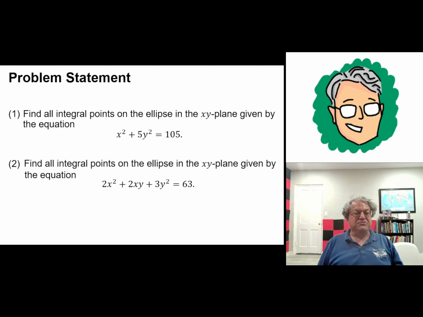And for 2x squared plus 2xy plus 3y squared, if that's prime, it's either equal to 2 or it's congruent to 3 or 7 modulo 20. In this case, 105 and 63 are not prime, but the prime divisors, I think, are the right form. But anyway, that's kind of irrelevant to this problem, it turns out. They are the same ellipses I considered in the previous problem. Just thought I'd mention that.